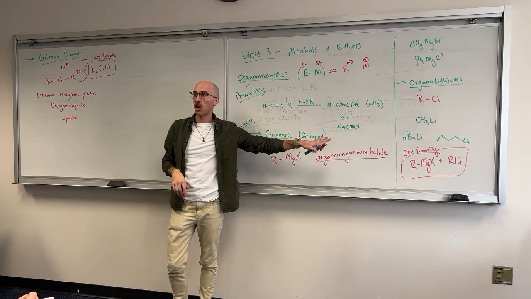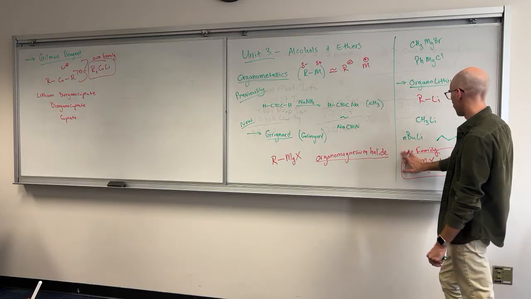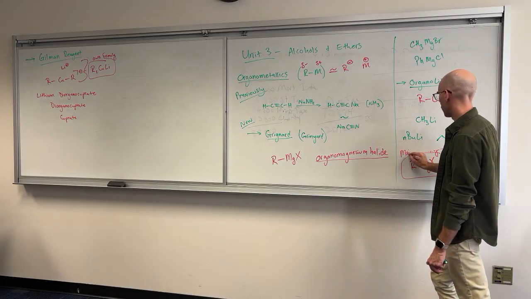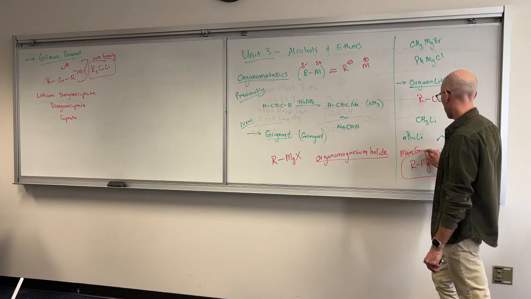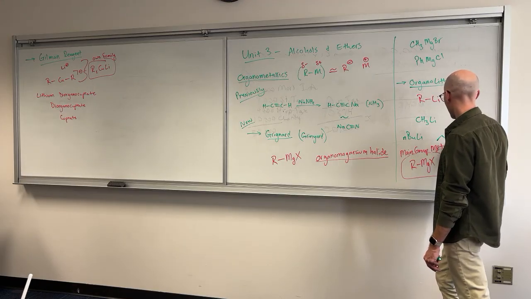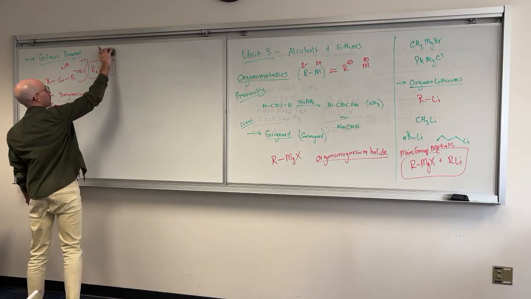These are main group elements. So if you don't want to just call these one family, then you can recognize that these are main group metals. That's going to give us different chemistry. This is a transition metal.